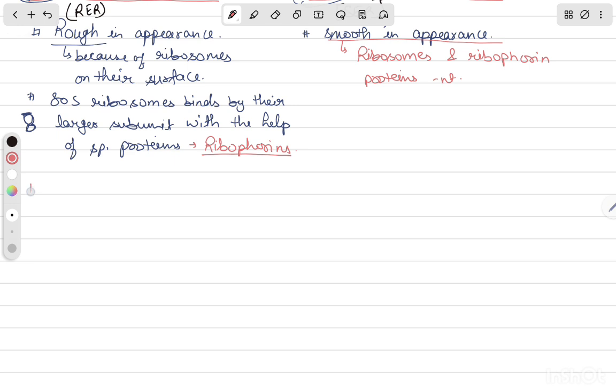If we talk about the structural components like cisternae, vesicles, and tubules, rough endoplasmic reticulum is mainly composed of cisternae, right? And smooth endoplasmic reticulum is mainly composed of tubules, right?